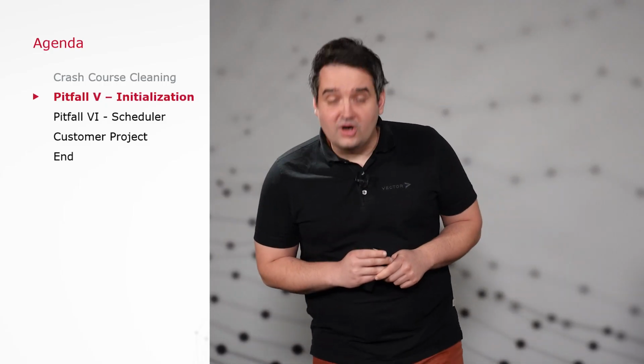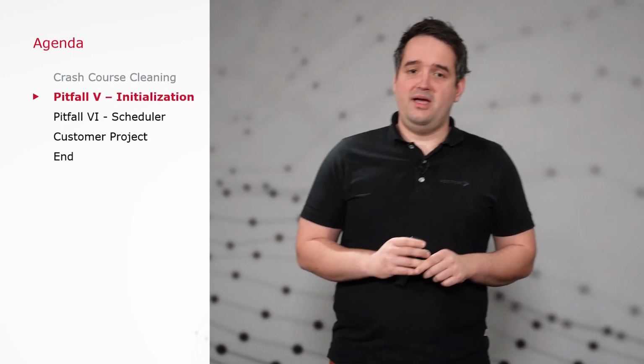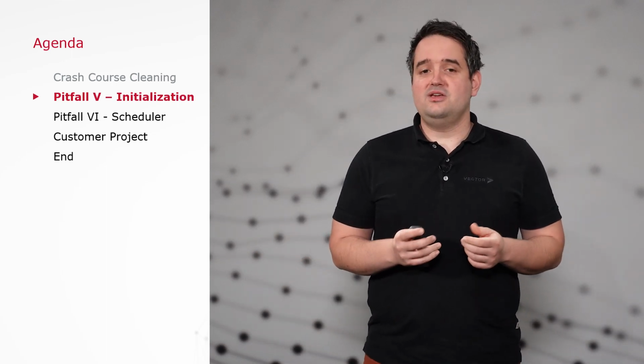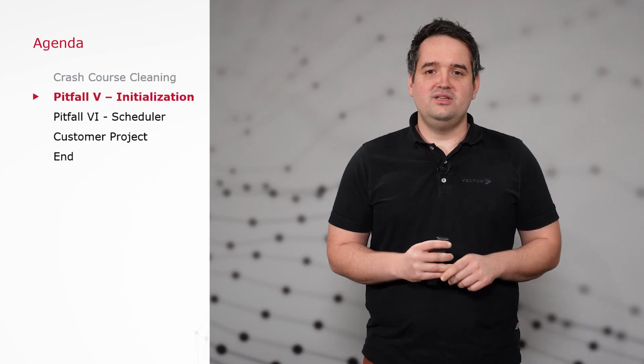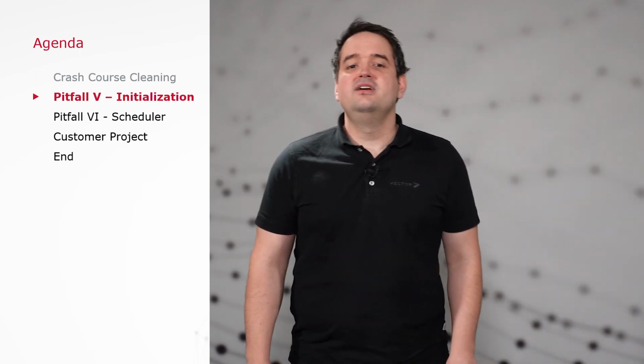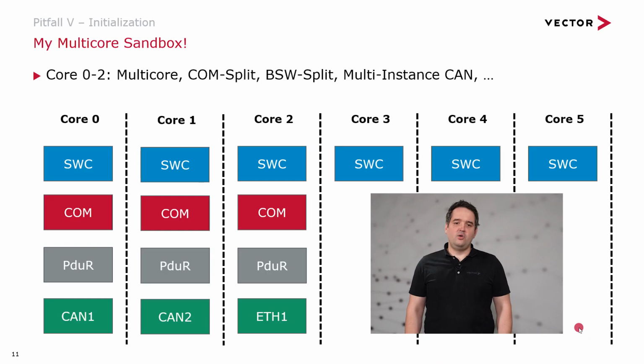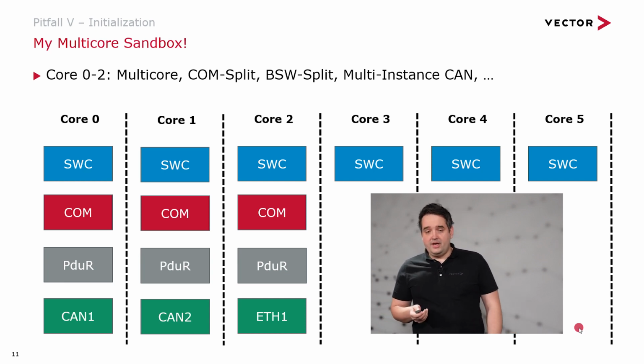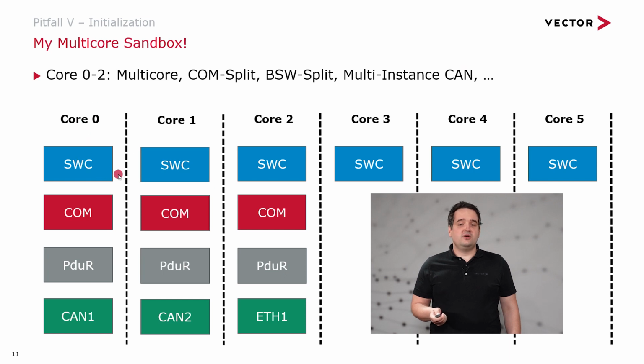That being said, I brought this time two more timing pitfalls, the initialization phase and the scheduling phase of your ECU. Let's go to pitfall number 5, the initialization phase. My multi-core sandbox project I brought you for this presentation is pretty simplified. You have a 6-core system where the applications of the components are integrated on each core.